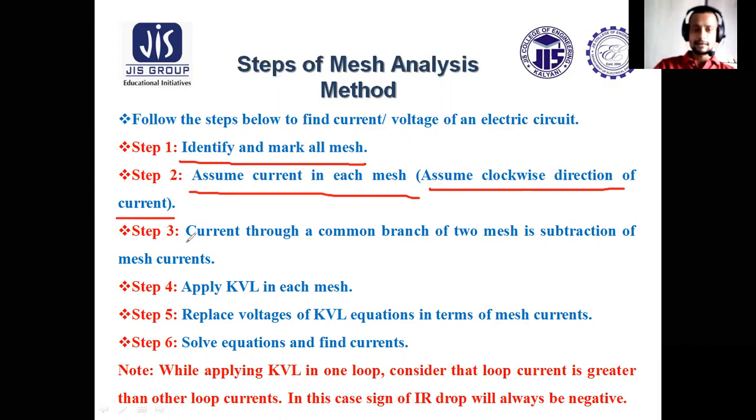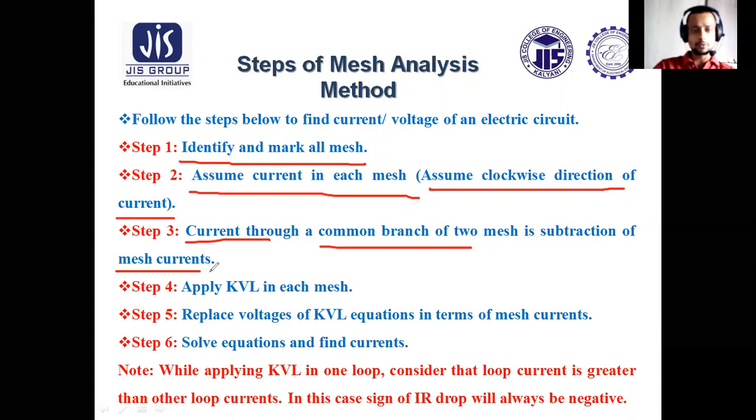Next step is current through a common branch of two mesh is subtraction of mesh current. If we assume clockwise direction in all the cases for all the loops, then current through a common branch will be subtraction of mesh currents. Which two mesh currents?